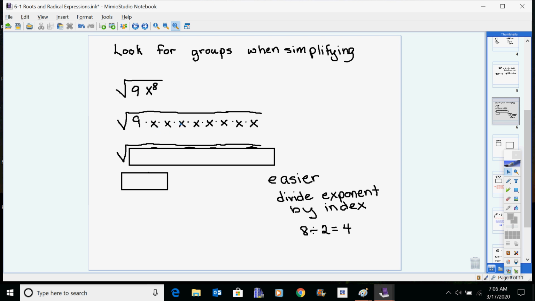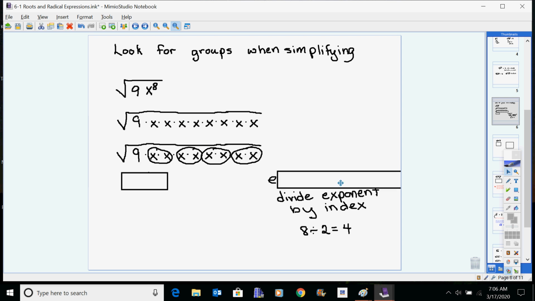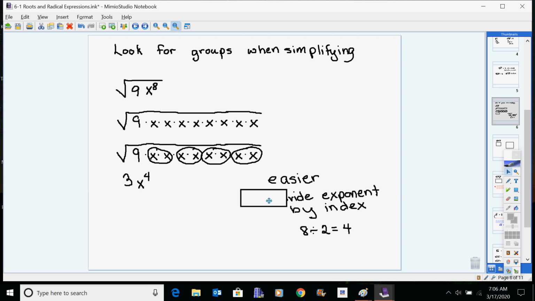You can look for pairs in your variables. So every time there is one pair, one of these x's comes out. So in other words, the square root of x squared would be x. So there would be 1, 2, 3, 4 x's come out. And then you would consider the square root of 9 also, which would give you 3x to the 4th.